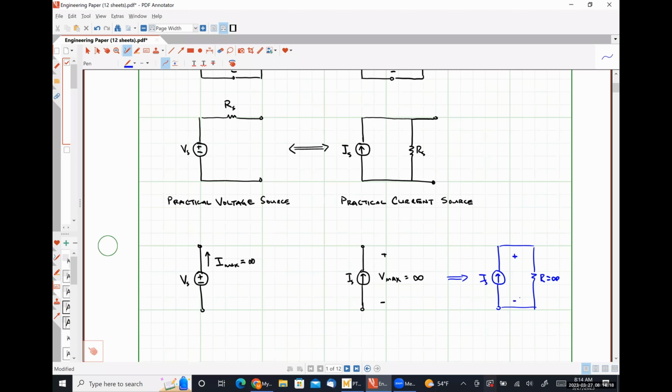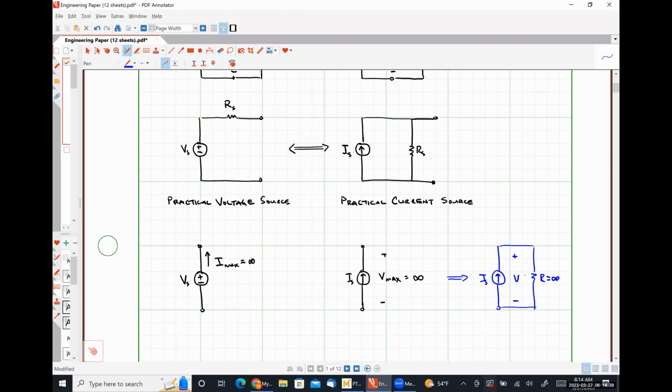And we figured out what this voltage is. I times R would give us V is equal to infinity, right? So if I ever draw an ideal current source open circuited, the voltage drop over it has to be infinity because it has to be carrying that amount of current and driving that amount of current around a circuit, right?